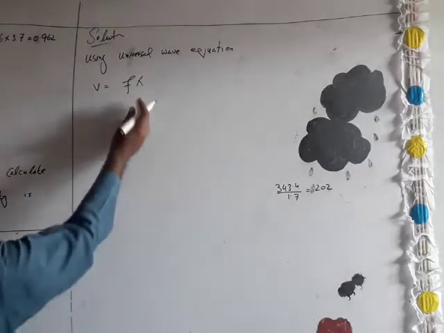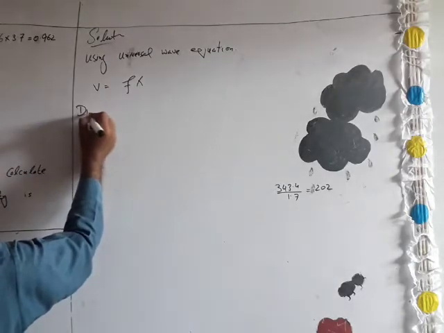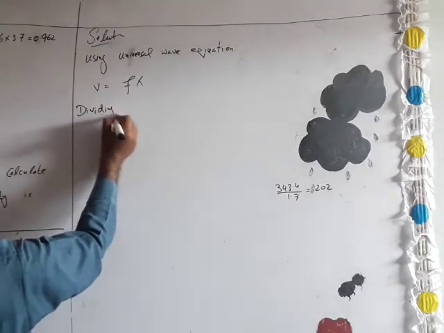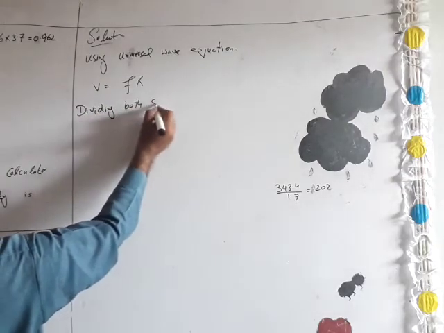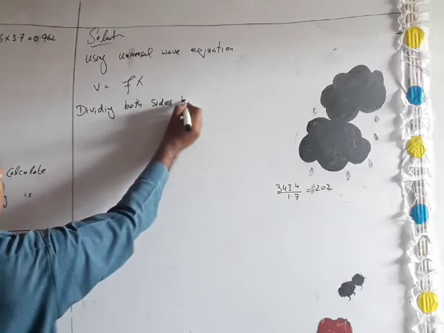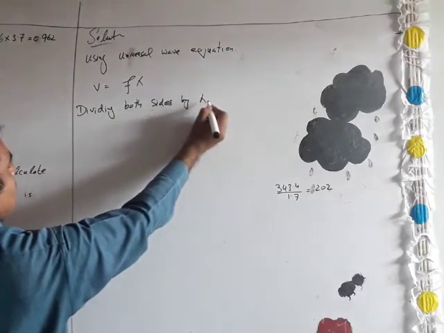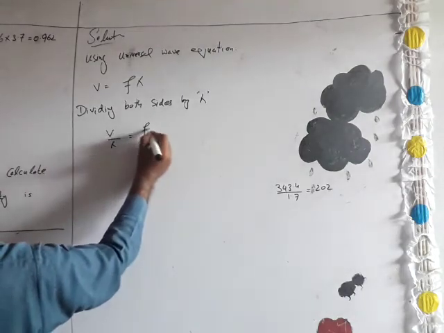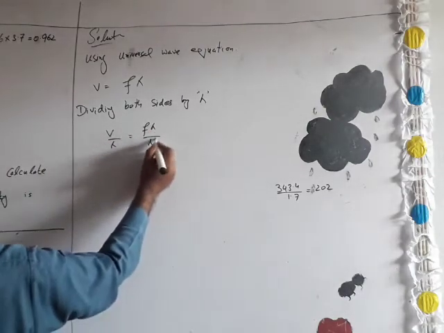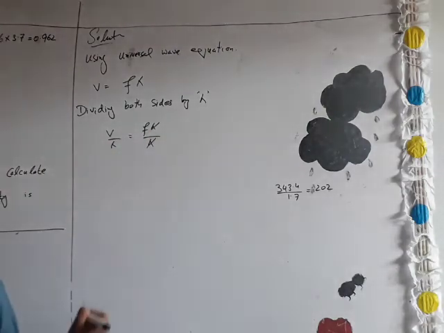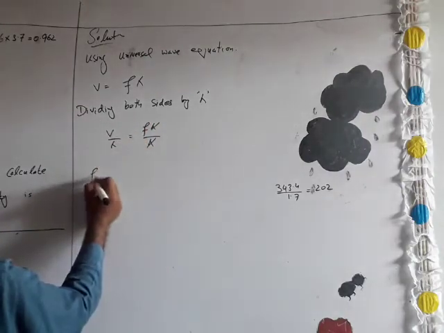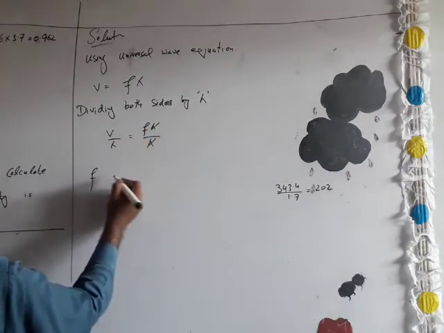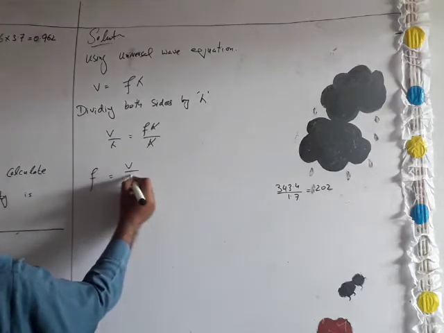So dividing both sides by lambda, it becomes v divided by lambda is equal to f lambda divided by lambda. They will cancel with each other. So writing this equation from this side, f is equal to v by lambda.